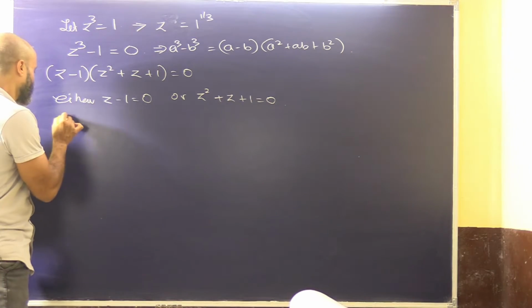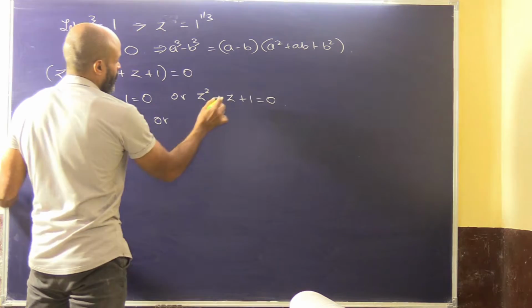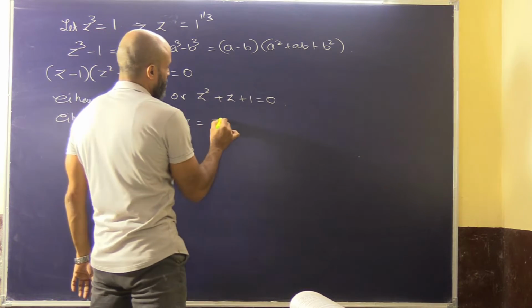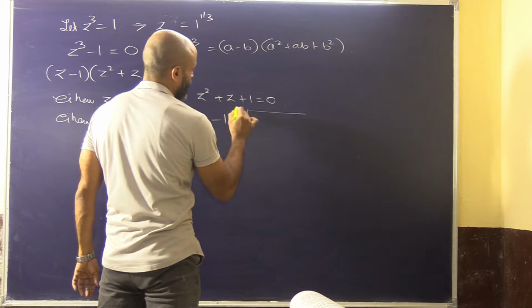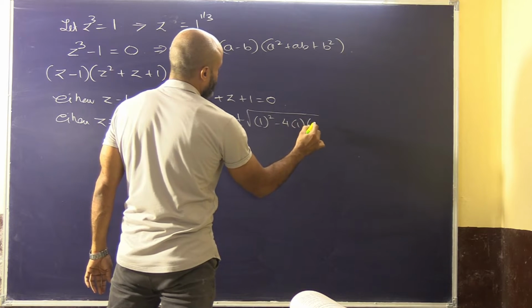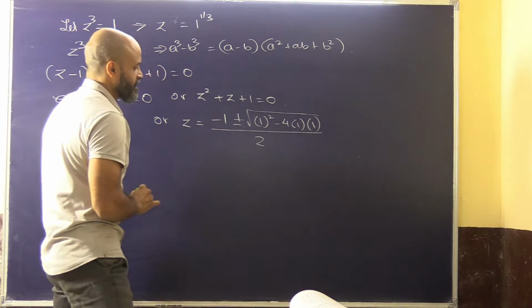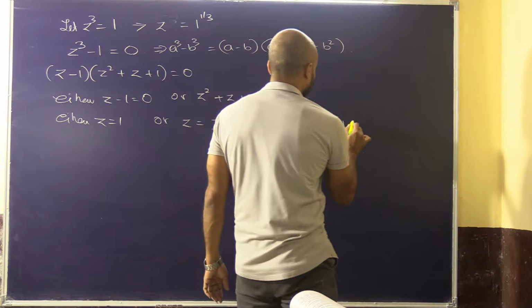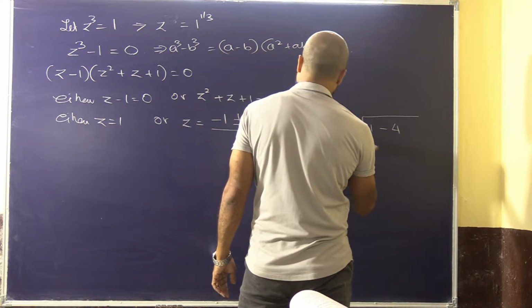So either z is equal to 1, or we can use the quadratic formula: z is equal to minus 1 plus minus square root of b square, that is 1 square minus 4 into 1 into 1, upon 2.